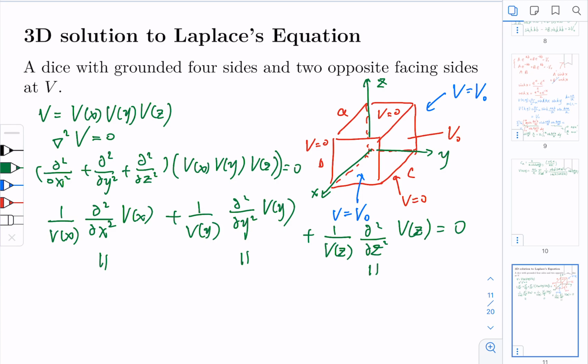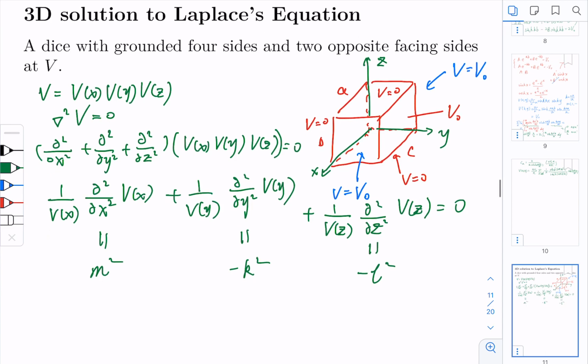And you can imagine that the solution of this must take the form of sine functions. For the sine functions, the constant is a negative constant, so we can assign a negative L squared, and this is a negative k squared, and this is positive m squared. And here, m squared should really be the sum of k squared plus L squared, to keep the entire expression at 0.